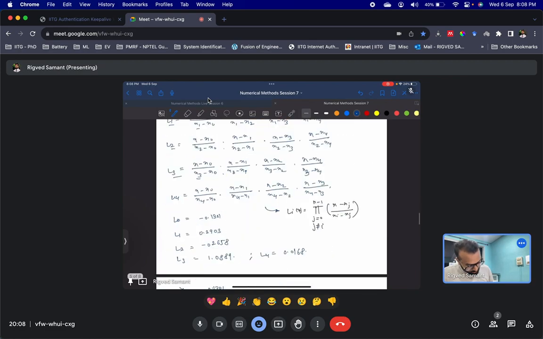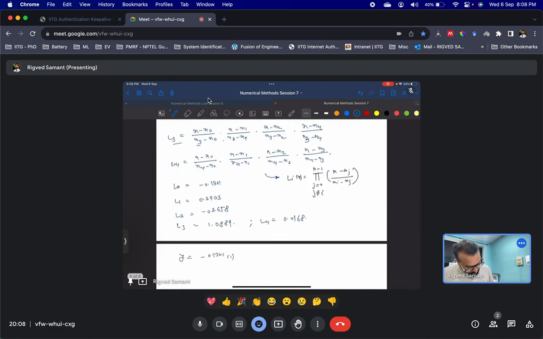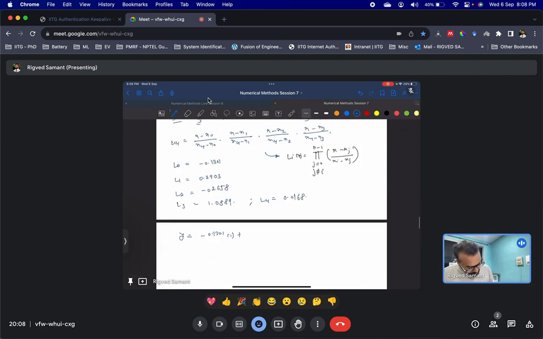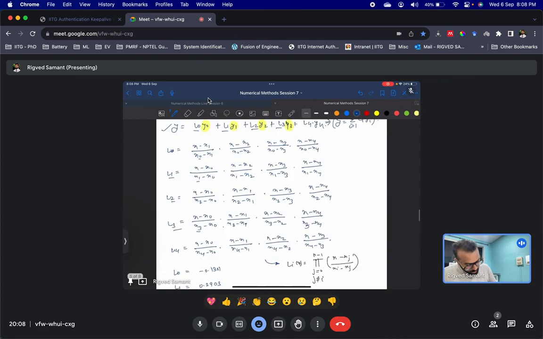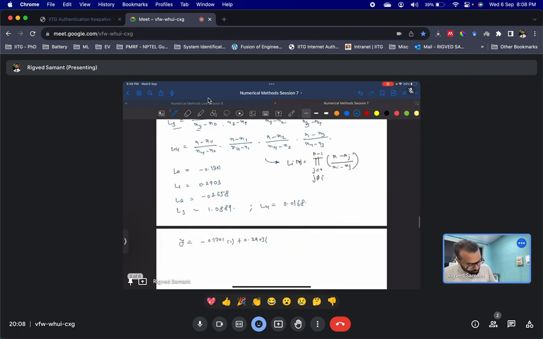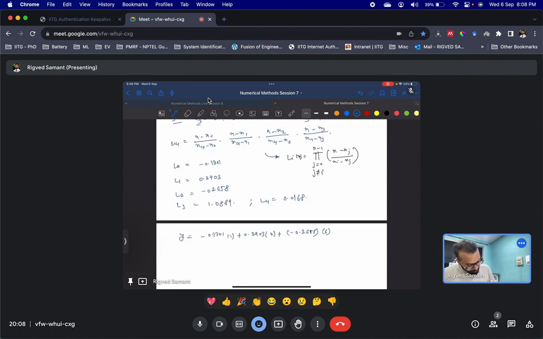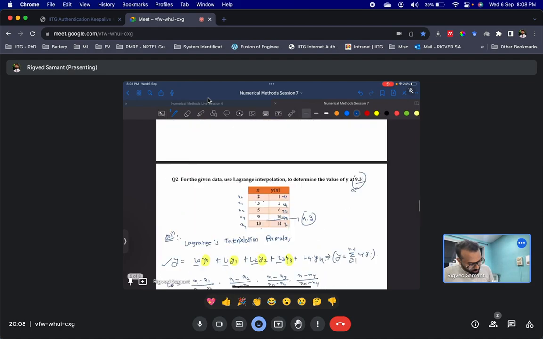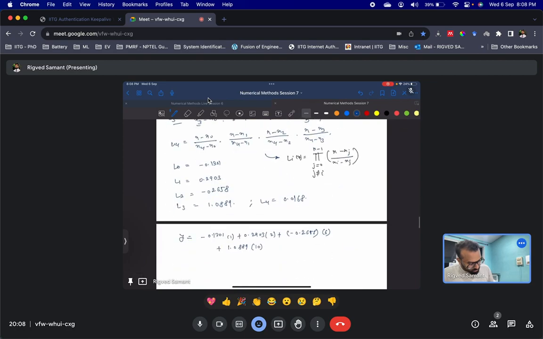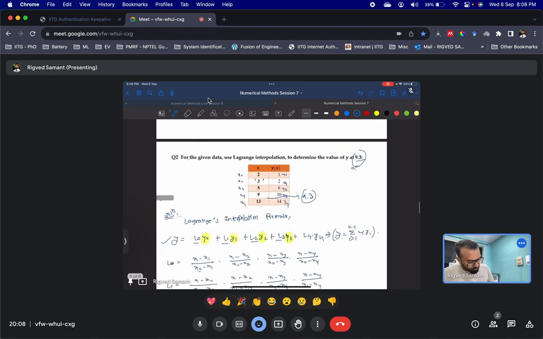Y0 is 1, plus L1 Y1, so 0.2903 into Y1 is 2, plus minus 0.2658 into Y3 is 6, plus 1.0889 into 10, plus 0.0168 into 40.